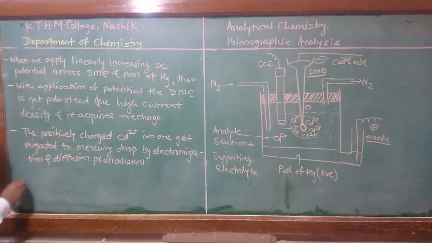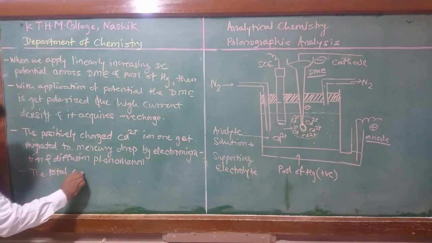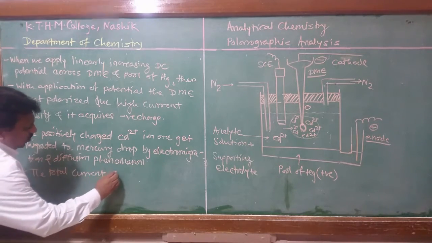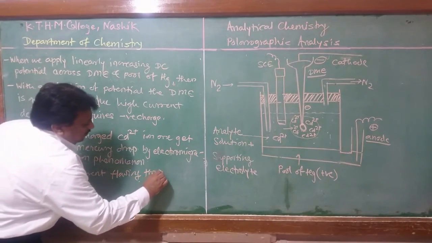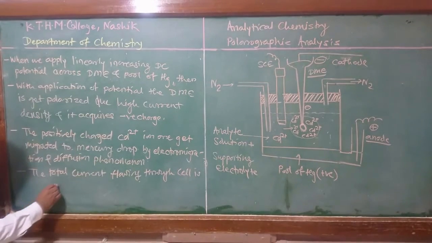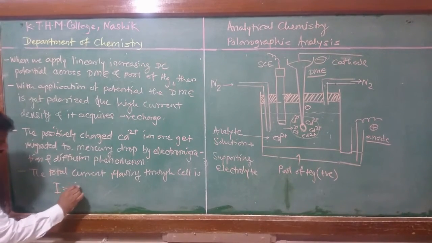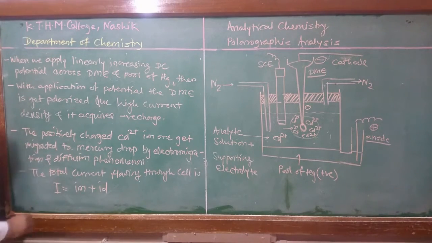And here the total current flowing through the cell is I equal to Im, migration current, plus Id, diffusion current.